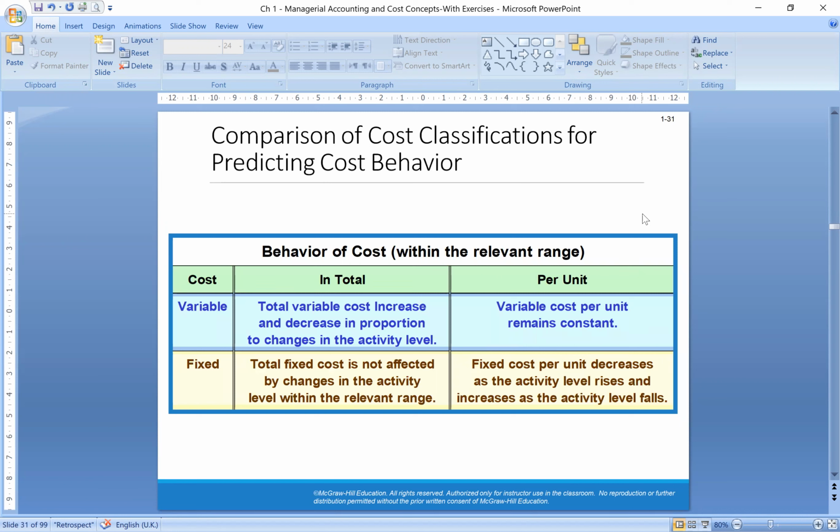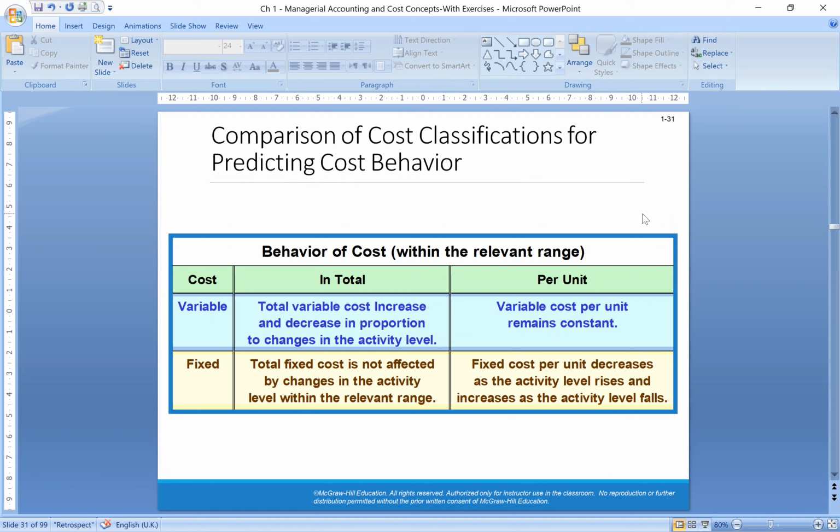Comparison of cost classification for predicting cost behavior. In total, the variable costs increase and decrease in proportion to the changes in activity level. The example is wood for tables. If we produce more tables, then we are paying more for wood in total, and it is called total variable cost. The variable cost per one unit remains constant. Remember that we need $5 for each table.